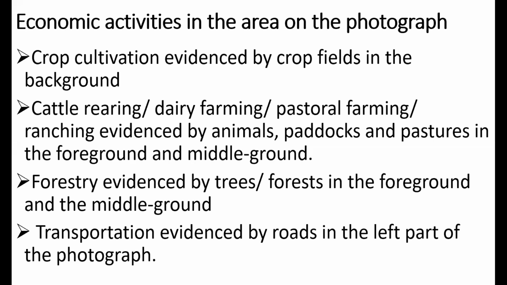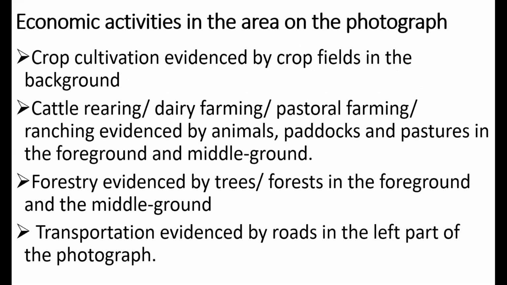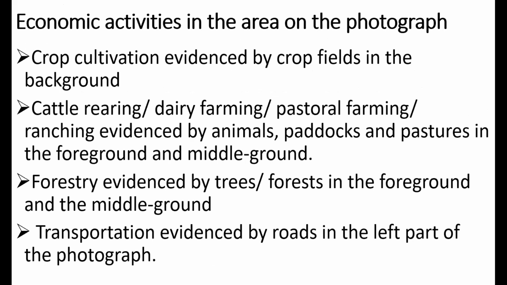So those are the economic activities that are observed in this photograph. Now, the other thing was with evidence here: identify the problems faced by the people in carrying out their economic activities. These economic activities we have seen here: crop cultivation, cattle rearing, forestry, transportation.